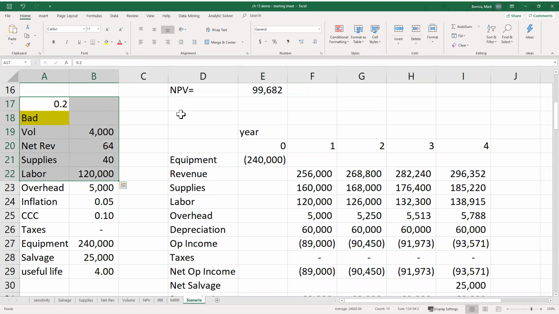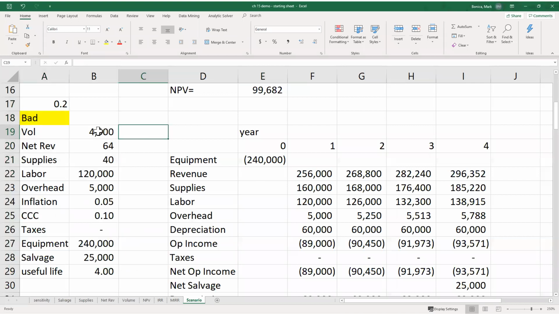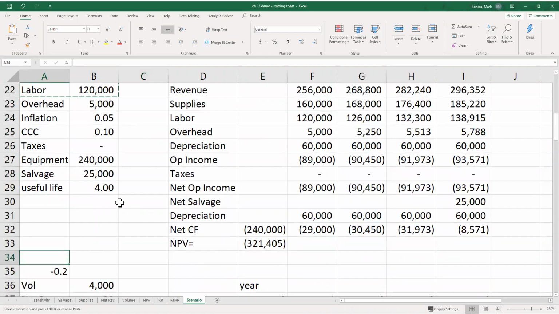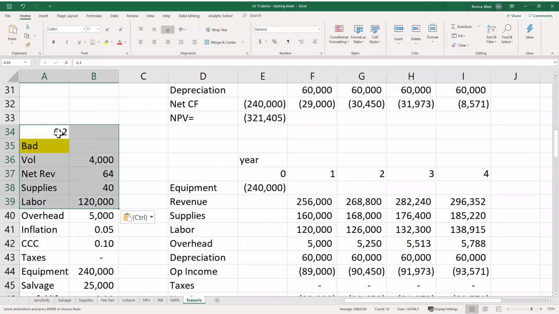I'm going to highlight that and hit Control C to copy, and then I'm going to go down here and paste it, because I moved it up. So if you're with me, you want to copy those cells and then paste them in right here. Now, we're going to make this our great scenario.